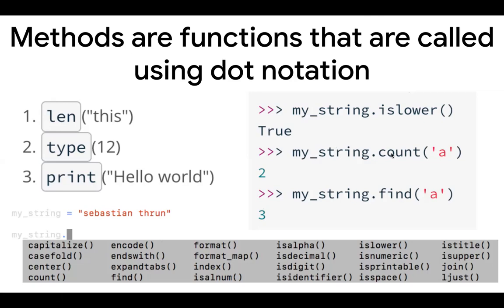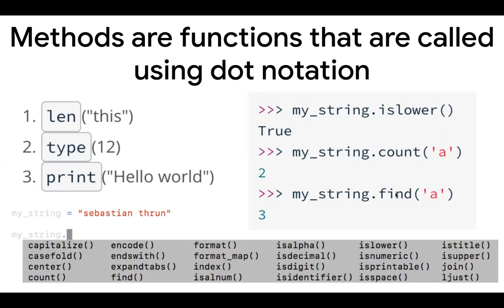Okay, then let's see another method, method count, and the parameter for the method is a character A. So what it does is that it calculates the number of that character inside our string. And if we count, it will be 2.